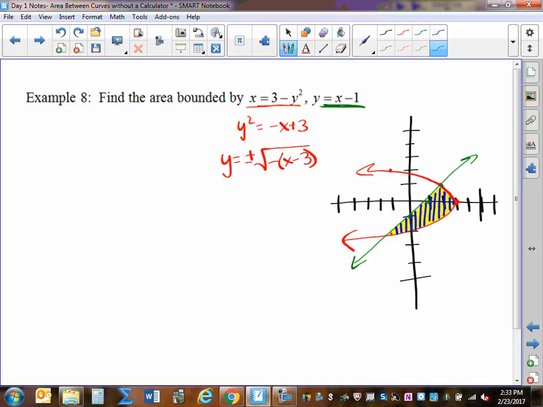Why not, Parker? Good. On this chart right here, the top function and bottom function are the same. That's an issue. So now let's consider if we go the other way with respect to what?